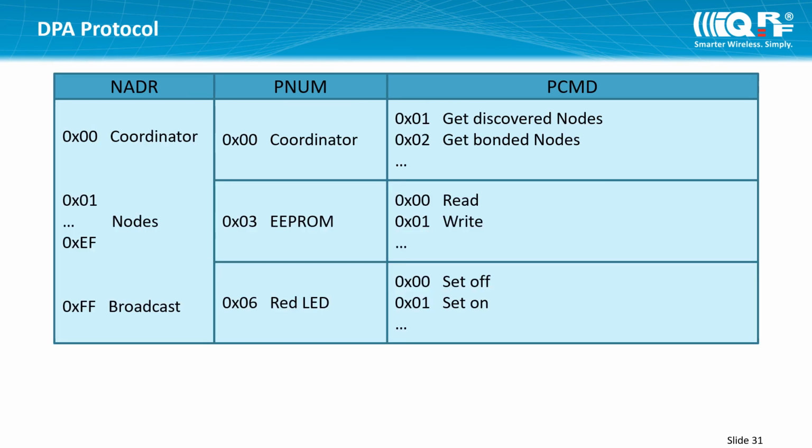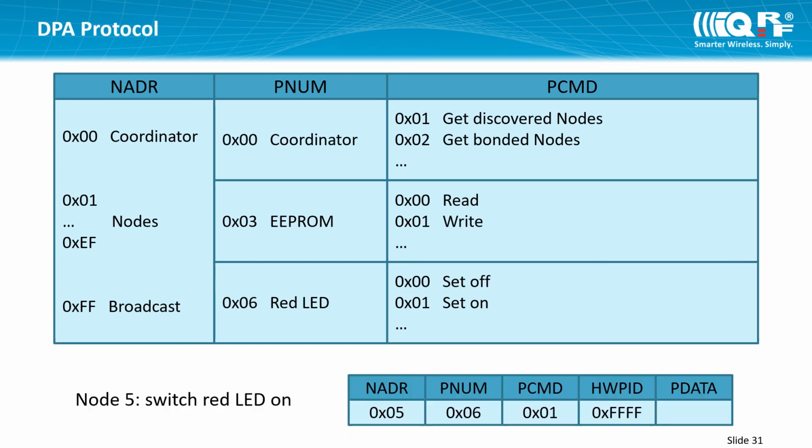Here you can see possible addresses and an example of peripherals and their commands. The coordinator always has the address 0, then there is a space for 239 nodes, and the broadcast address is FF. So if the task would be to switch the red LED on at node 5, the request should look like this.